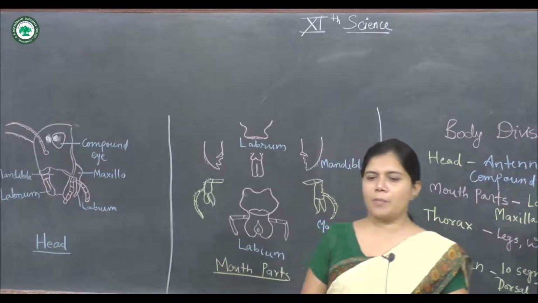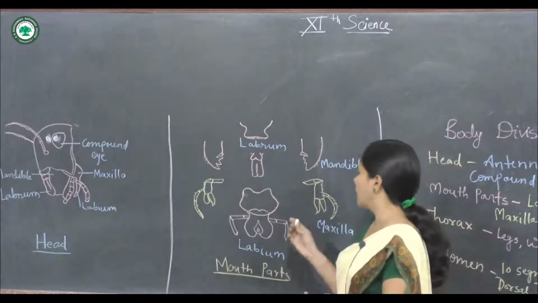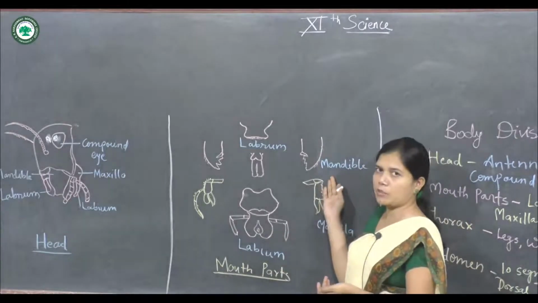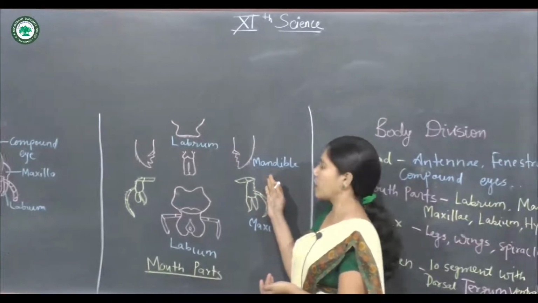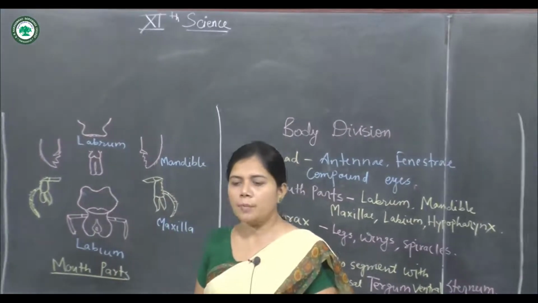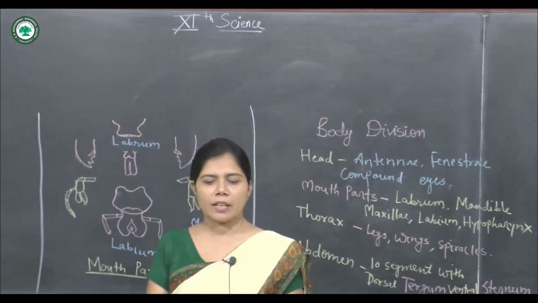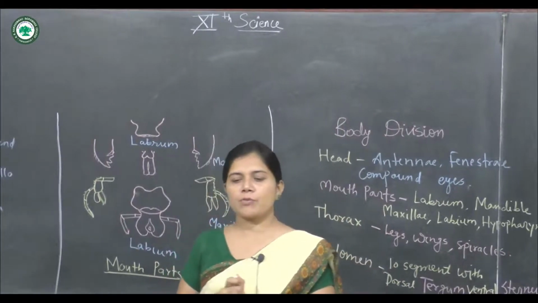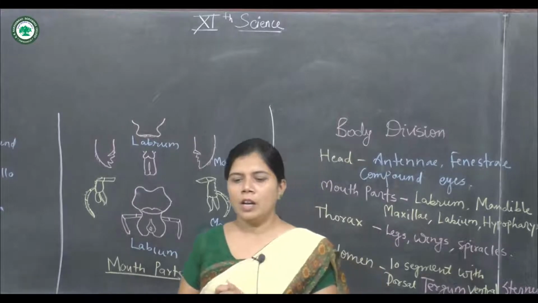Next to the labrum, there are the mandibles. Mandibles are paired in structure. These mandibles are called the true jaws, because they are two dark, hard, chitinous structures with toothed margins.